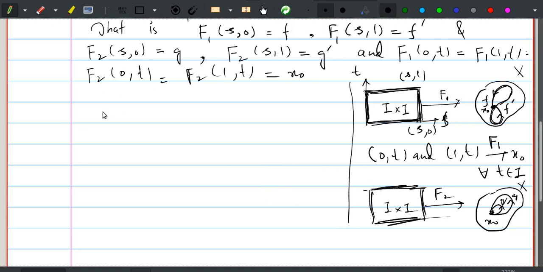So let F from I cross I to X be defined as follows, where I is the closed unit interval.